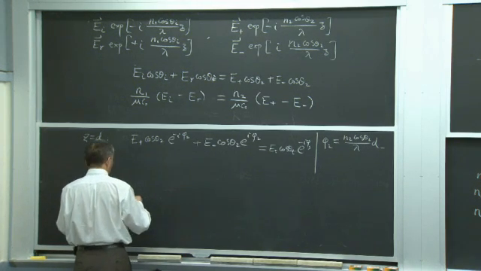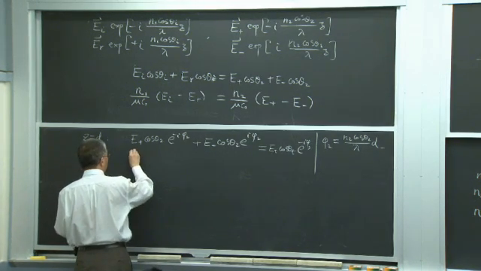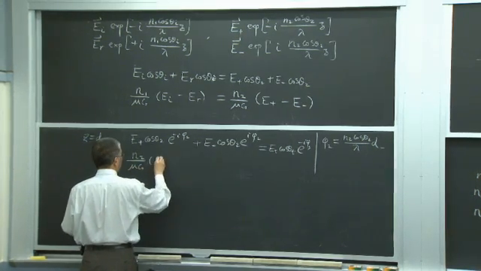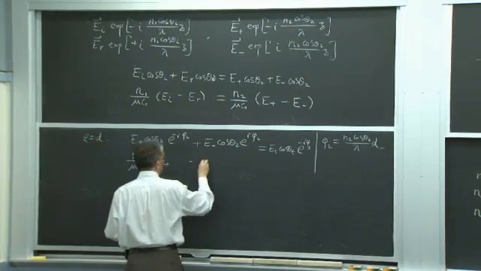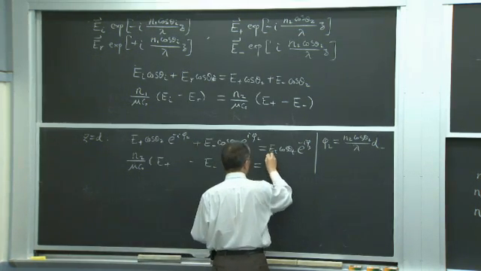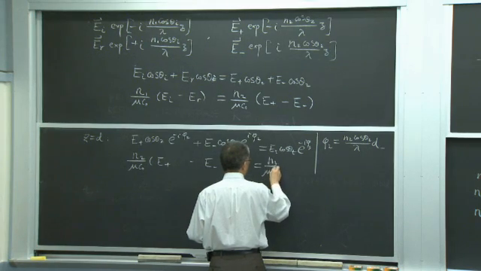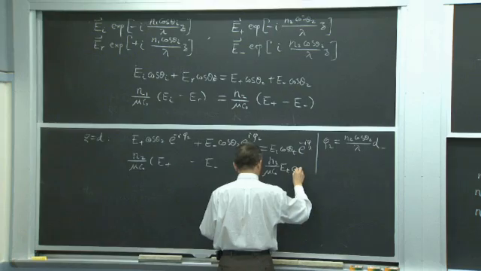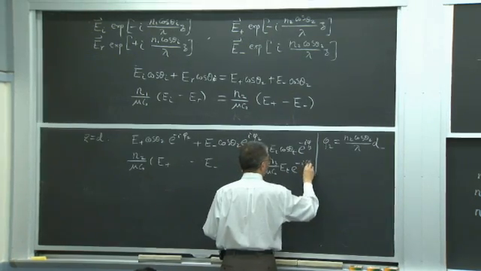And so I have the magnetic field is N2 mu C0 times E plus minus E minus, and this is N3 mu C0 and ET exponential minus i phi 3.